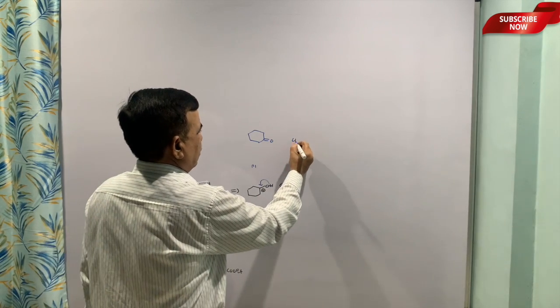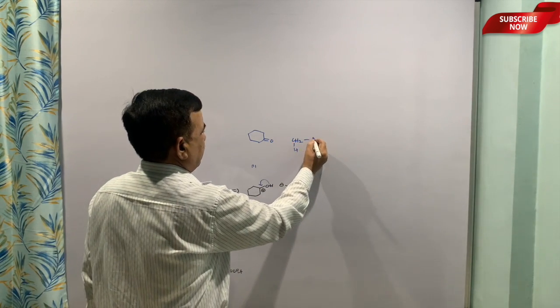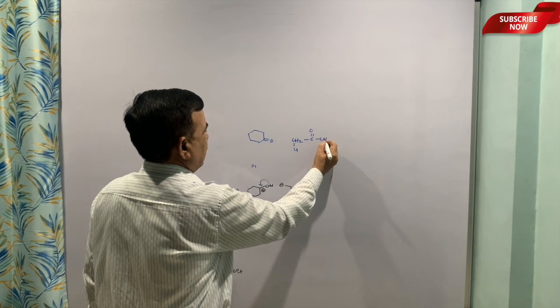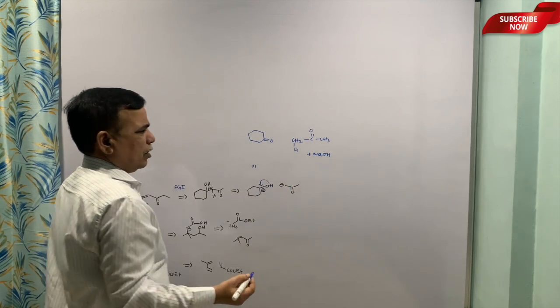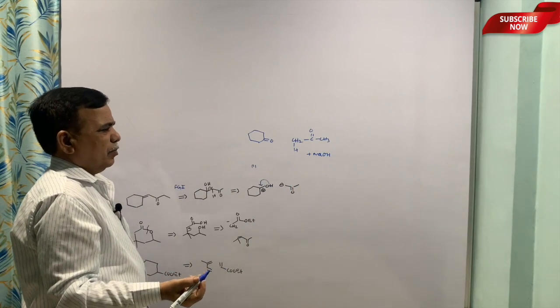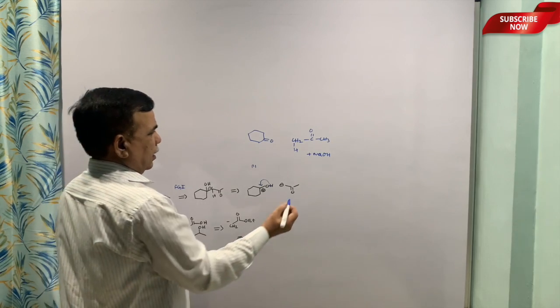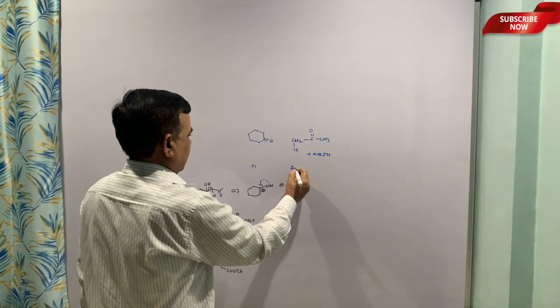cyclohexanone. This is going to be acetone in presence of NaOH, let us say. We have to abstract a proton, NaOH, KOH, methoxide, ethoxide, anything, and this is simply the aldol.